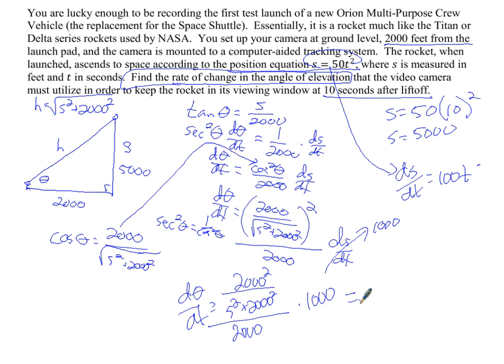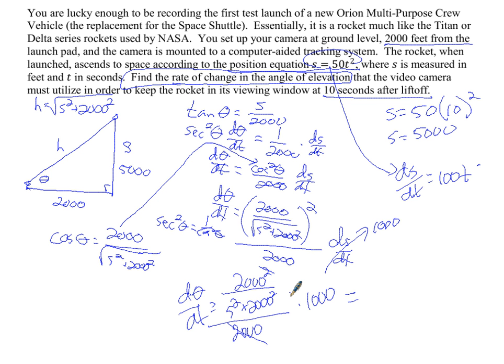So we can substitute in the s, which is 5,000 here. And if it was me, I'd just go ahead and leave it, flip it on this, and realize that the 2,000 and the square goes away. So 2,000 divided by 5,000 squared plus 2,000 squared, and then all that times 1,000.